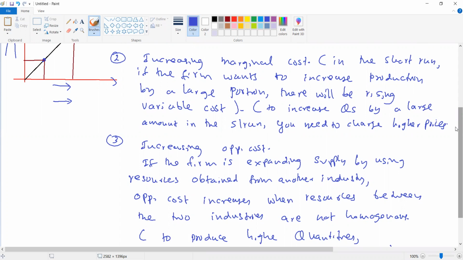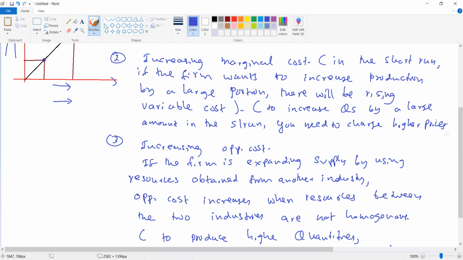Second reason, increasing marginal cost. It was very difficult for firms to increase the production beyond a particular level without bearing high costs with lower productivity of variable factors. And also some firms had to face the increasing demand and had to increase the quantity supplied by taking resources from somewhere else, and then opportunity cost was high, so they had to charge high prices in the short run.